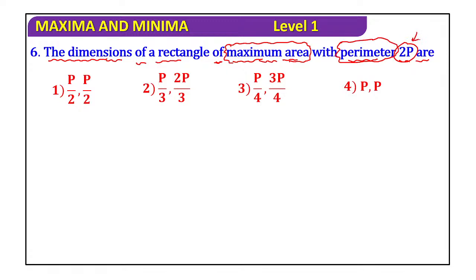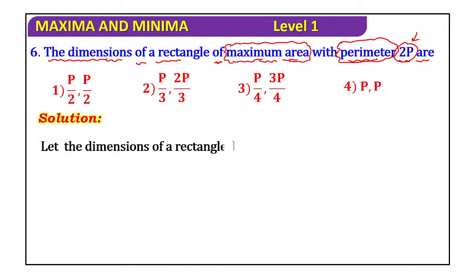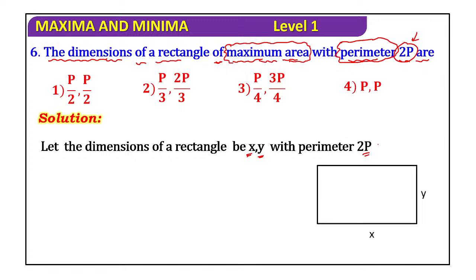Here we can go through the solution. Let the dimensions of the rectangle be x, y with perimeter 2p. Here x is length and y is breadth. The perimeter formula is 2 times x plus y.